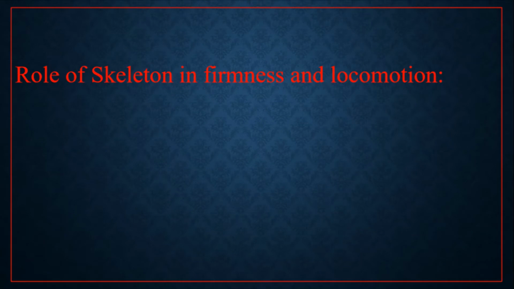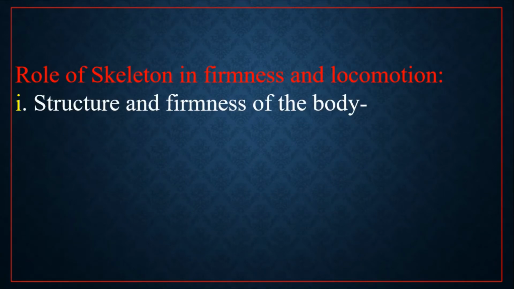Role of skeleton in firmness and locomotion. Structure and firmness of the body: the skeleton forms the hard structure of the body and gives a definite shape to the body.